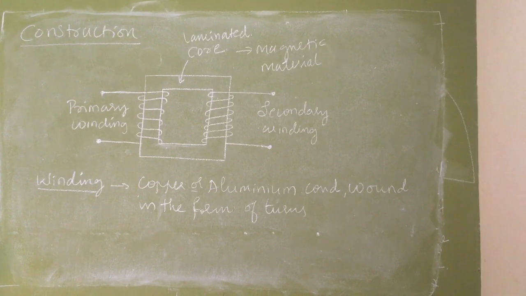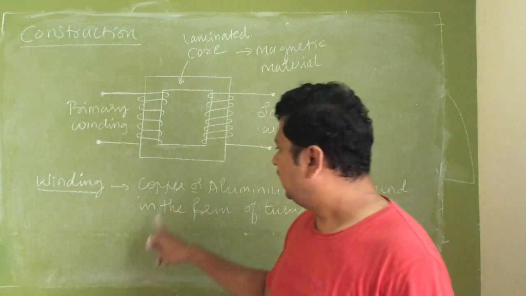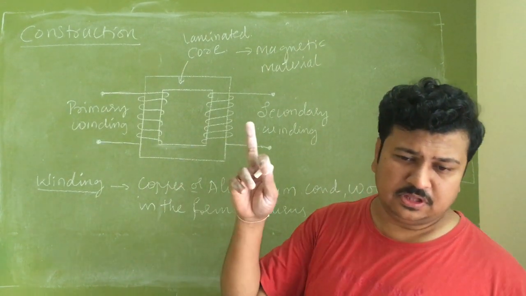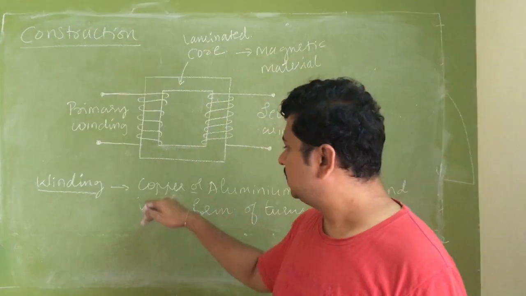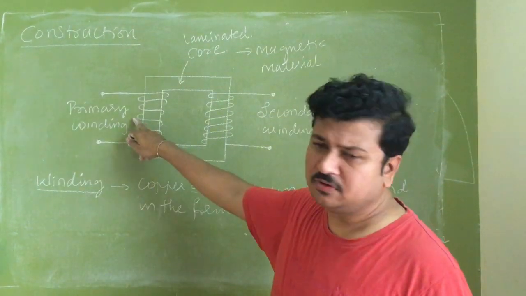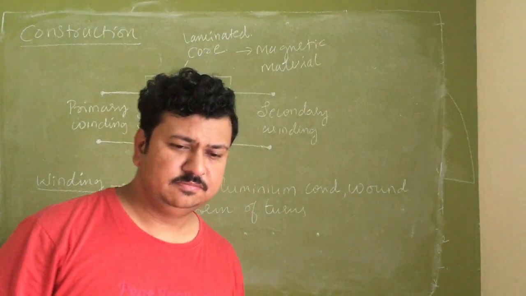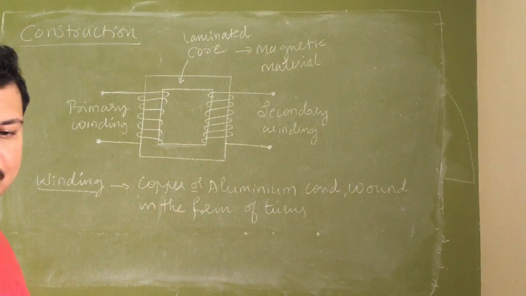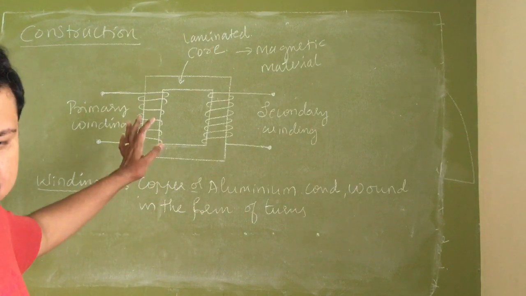And I will be using copper or aluminum conductor so that the inductive nature of the winding is very high and resistive nature is very less. I keep the resistance of the winding very less and inductance of the winding very high because I want more induction and I want less losses. I square R power consumption by the winding itself should be less.